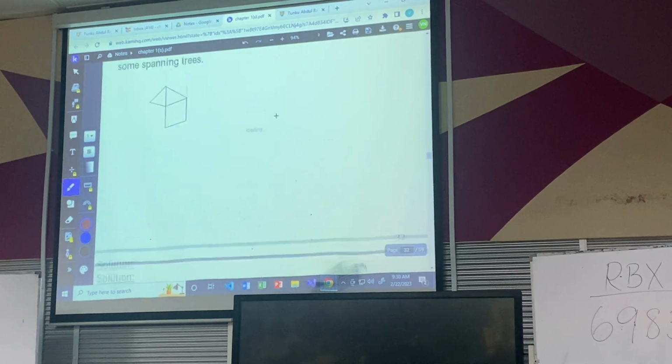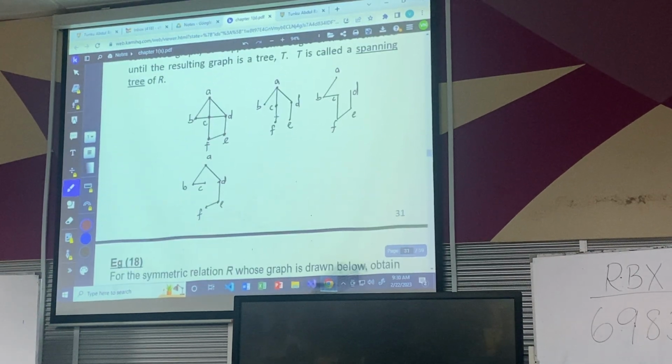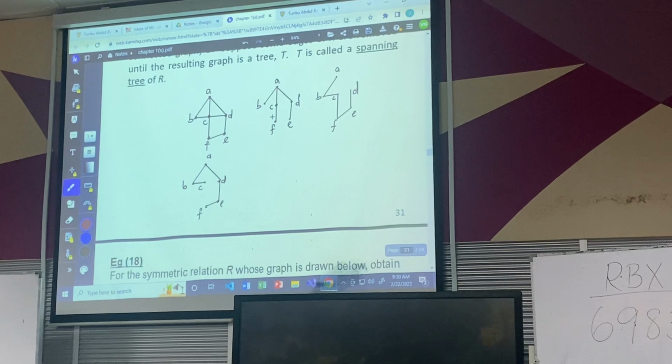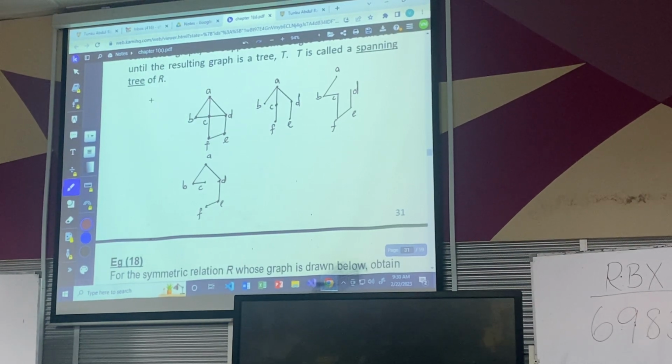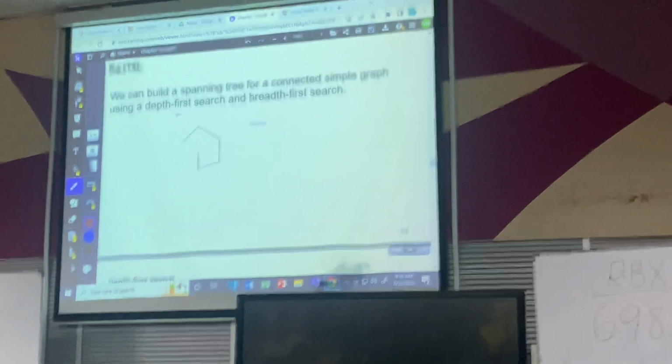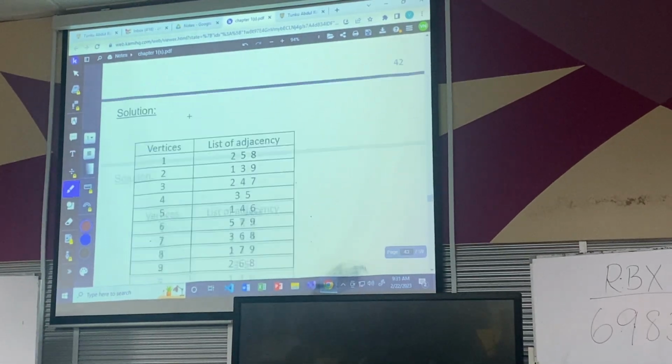You try to remove the edges to get the spanning tree, isn't it? So we can do this by using Prim's algorithm also to get the minimum spanning tree if the graph given has no weight. So we can do both, whether with weight or without weight.